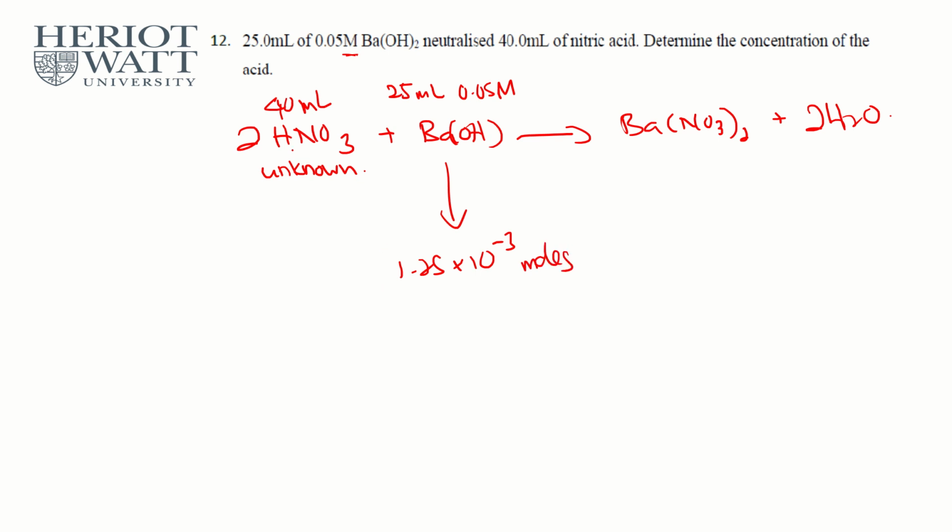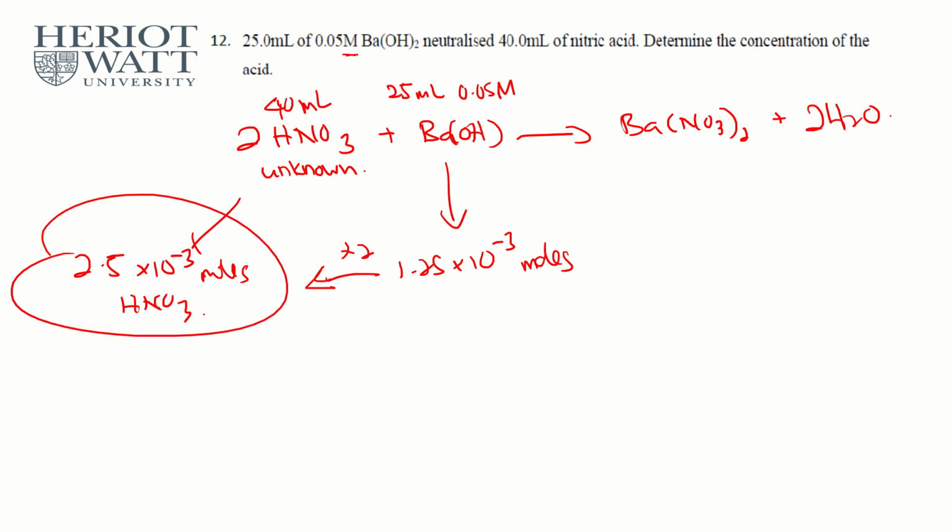And how many moles of nitric acid are needed? If they said this is the amount that fully neutralizes all the acid, look at the ratio 1 to 2. So you need to times this value by 2 to get the mole of nitric acid, which is 2.5 times 10 to the power negative 3. This is the mole of nitric acid.